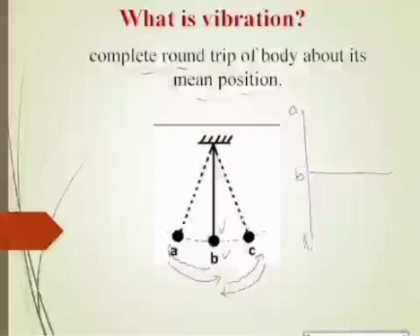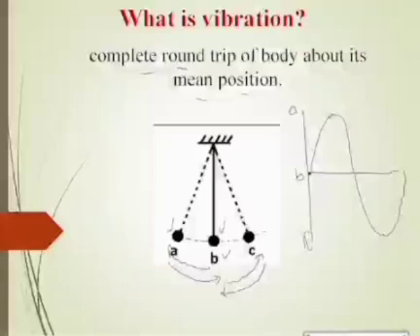Initially, the bob of this pendulum was at its mean position B. Then we apply a force and move it towards extreme position A. Then due to restoring force, it will move back towards its mean position B, but it will not stop at B. It will continue to move due to inertia and reaches another extreme position C. And then again, due to restoring force, it will come back towards its equilibrium position or mean position.